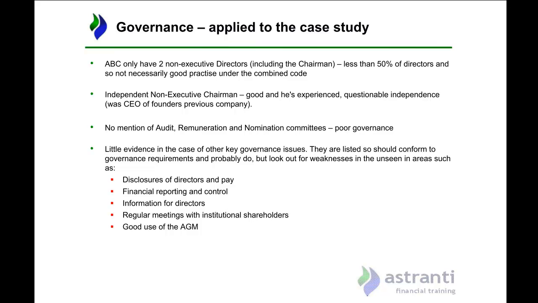We don't know how much information they are given, and there was no information about institutional shareholders. So your institutional shareholders are your big shareholders, so your investment banks and your pension funds and things like that. There was no information about whether the company has them, and if so, do they have any meetings with them? And of course, no mention of the annual general meeting either.